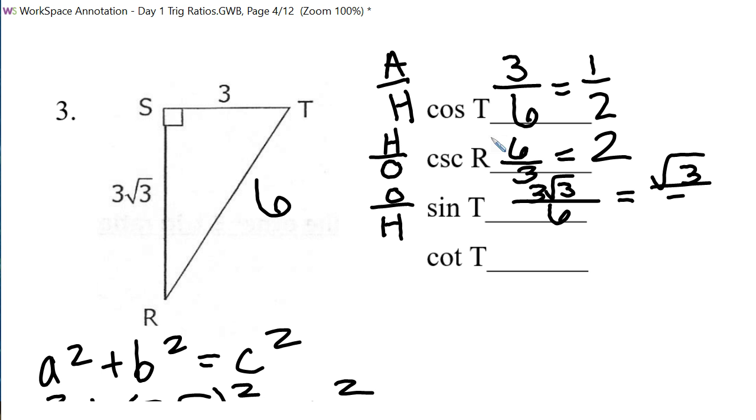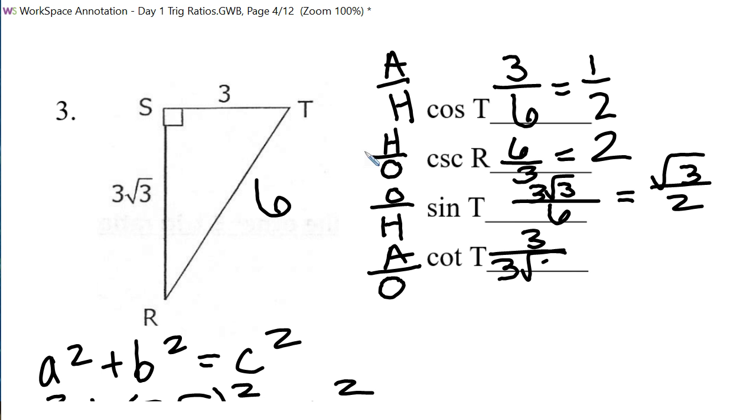And then we want the cotangent of T. Cotangent is paired with which other one? Tangent. So if tangent is opposite over adjacent, what would the reciprocal be? Adjacent over opposite. So for angle T, what is the adjacent side? 3. And what is the opposite side? 3 square root of 3.